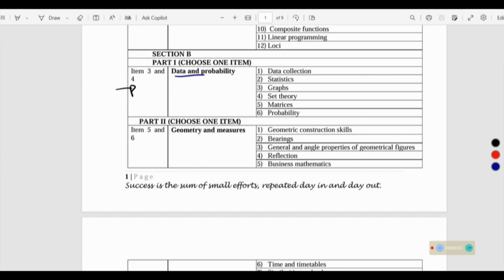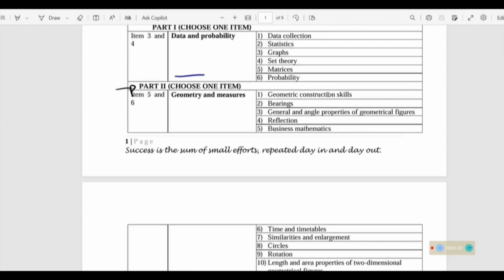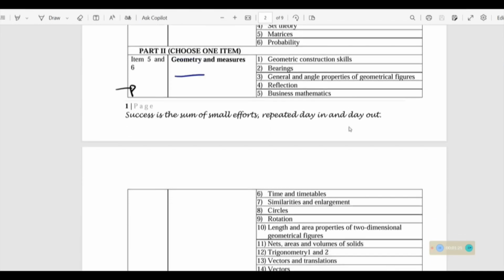And lastly, it will be part 2 of section B. Part 2 of section B, also as we said, you choose only one item. And it is also consisting of 2 items, that is item 5 and item 6. The area of construct is geometry and measures. And under this, expect questions that will be talking about geometric construction skills, bearings, general paper and angle properties of geometrical figures, reflection, business mathematics.